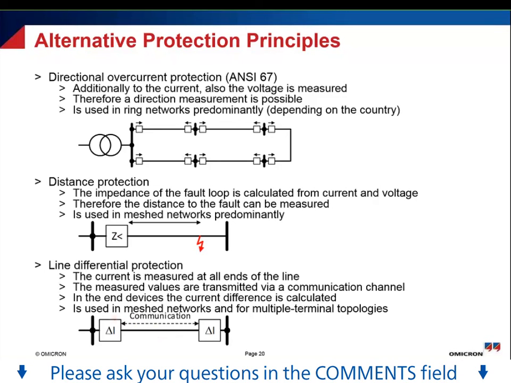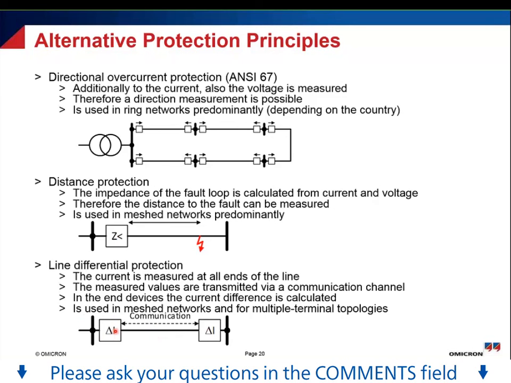So the device here measures its current and transmits the measured data to the other end, and the other end does the same. In each of these end devices, they can compare the measurements on their own side with the measurements they get from the other side.